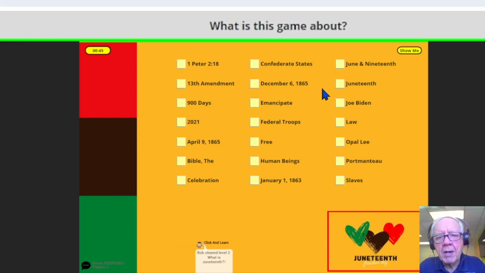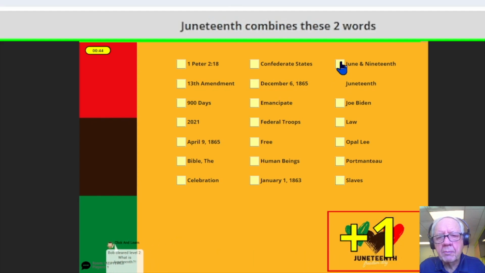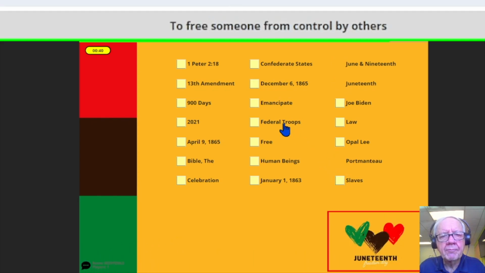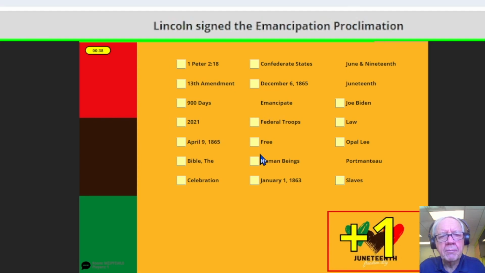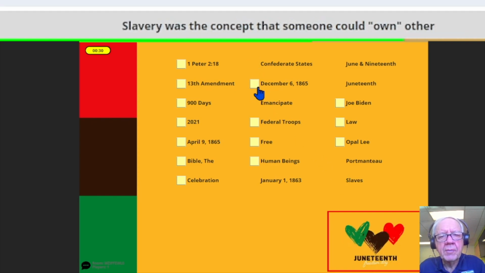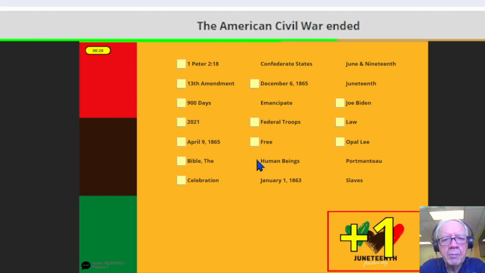What is this game about? Juneteenth, June and 19th, portmanteau. To emancipate, January 1st, 1863. To free the slaves, but it only applied to slaves in Confederate states. Slavery is a concept that someone could own other human beings. Civil War ended April 9.